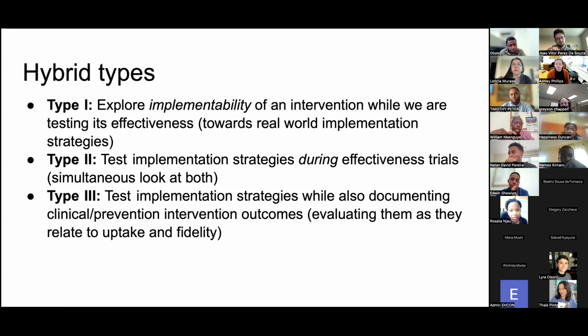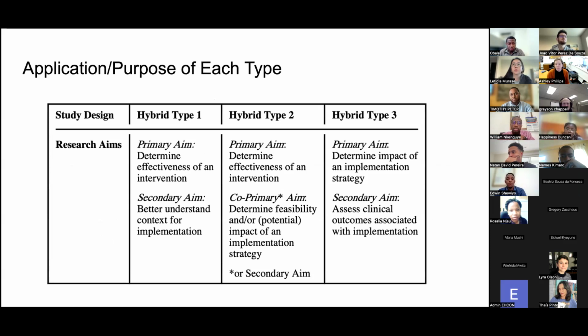And in type 3, the main focus is on the implementation strategies. So this is a nice table that I like, which really gives you the overall summary of what we just talked about.